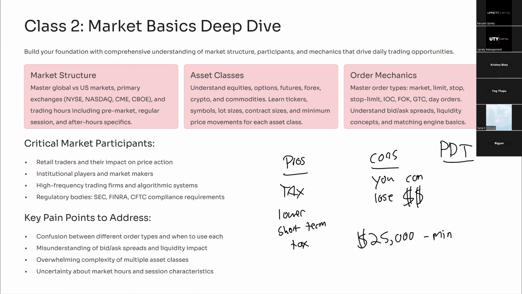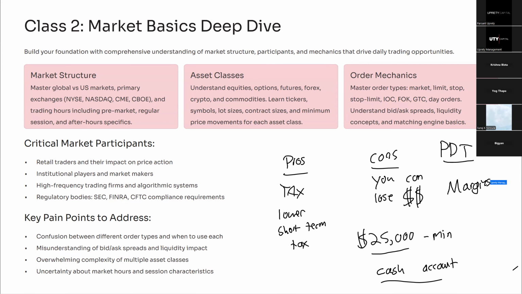As soon as you fall under, you either have to deposit more money or you have to switch to what we call a cash account. A cash account lets you trade as much as you want. There's no PDT rule. You can trade with $500 if you want. But the problem is once you run out of cash for the day, you have to wait till the next trading day.